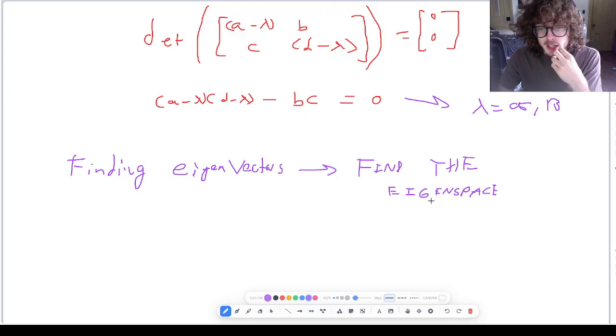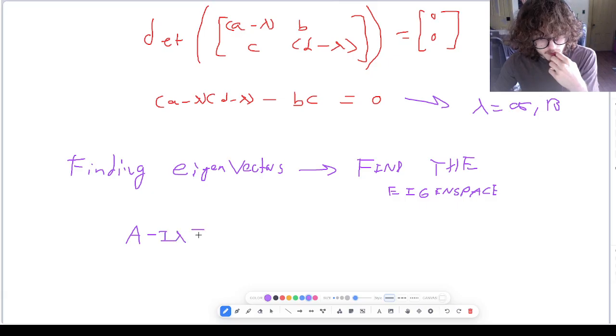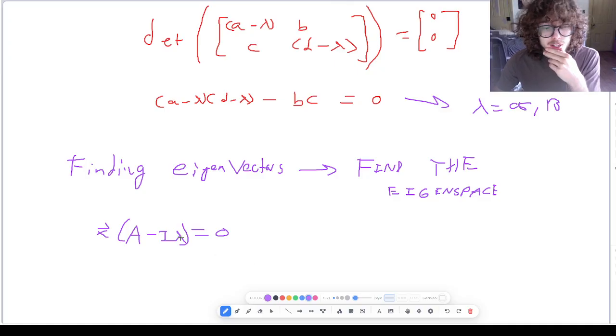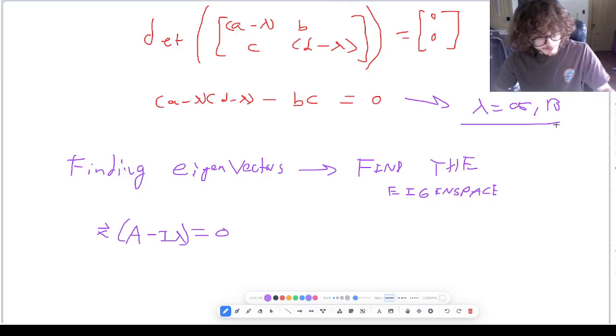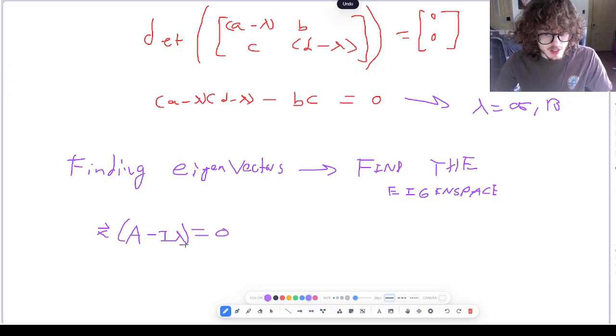Well, to find the eigenspace, you're going to use, again, this identity, of course, with the x vectors here. You're going to plug in the eigenvalue that you found up here into this, so let's say alpha and beta go here respectively, and you're going to solve the system and find the solutions.